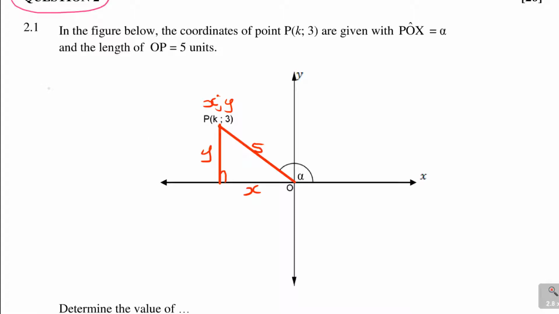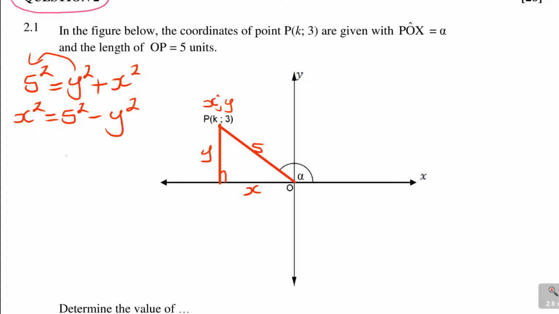In the Pythagoras theorem, the longest side, which is 5 squared, is equal to the sum of the squares of the other 2 sides, x squared plus y squared. But if you want to make it easier, you can start by finding x squared: x squared is equal to 5 squared minus y squared. Why? Because I must take y to the other side.